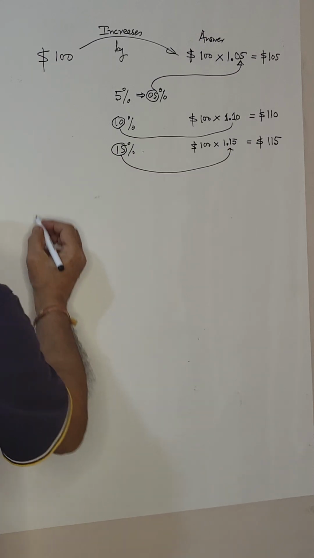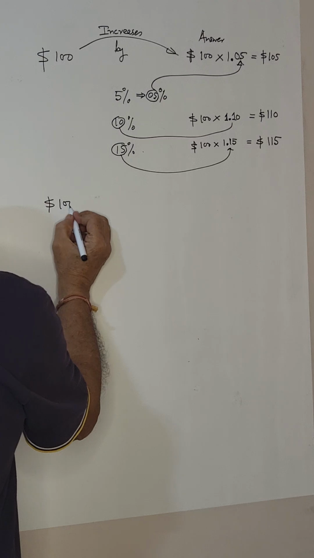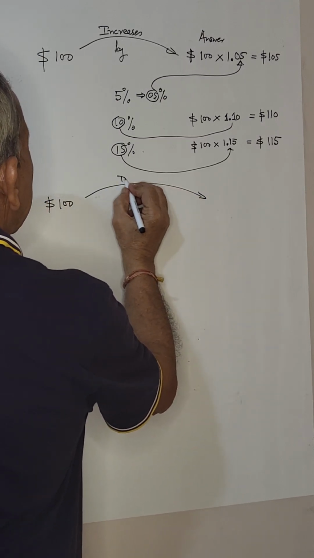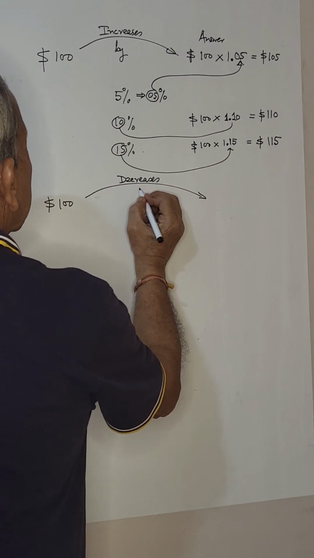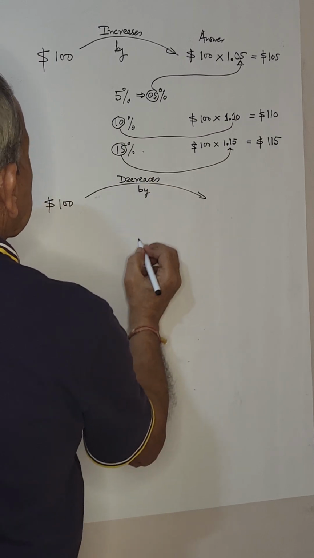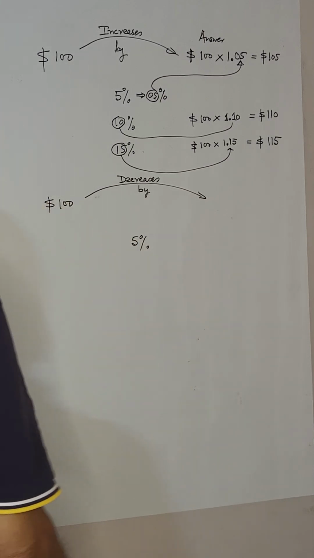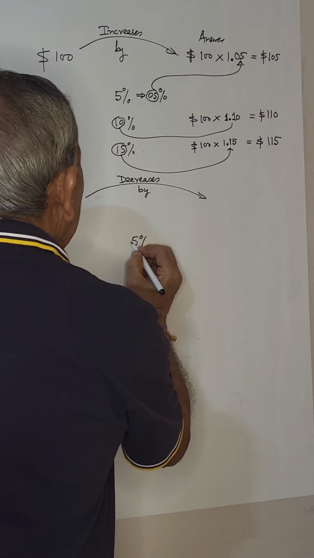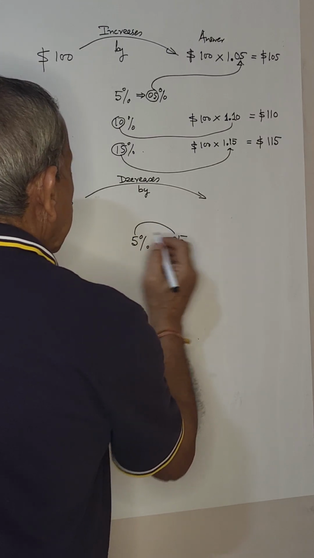Okay, now if this $100 decreases by 5%, then what to do? It will decrease. Make this 5 as 0.5.